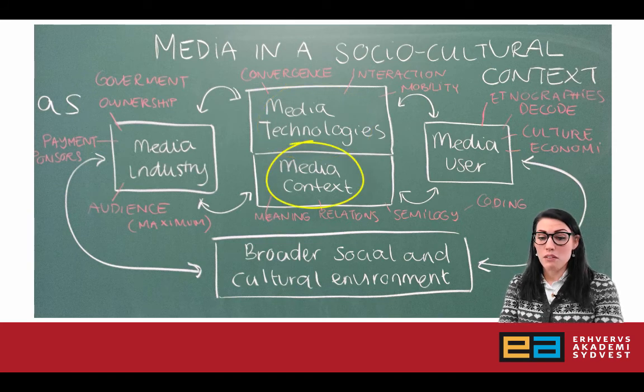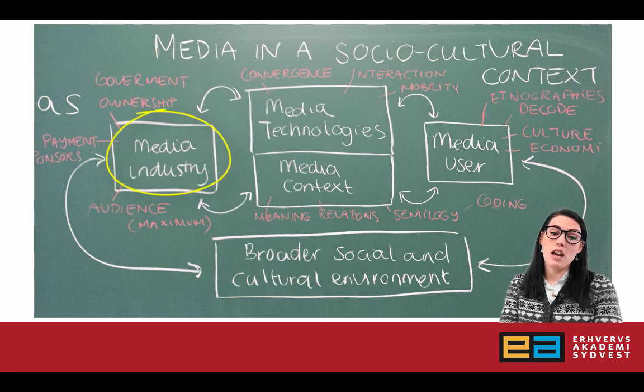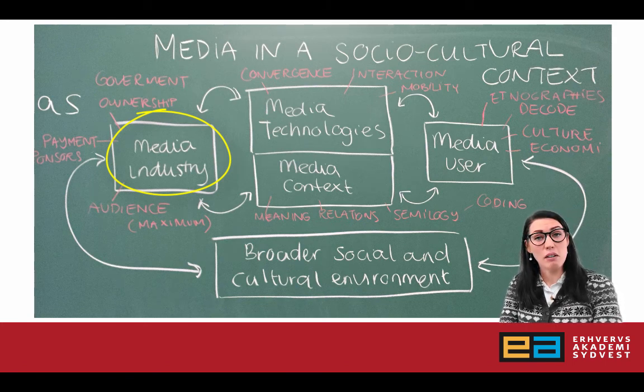Underneath this one, we have the media context, and that can be the meaning, the relations, the semiology that can be the coding, the denotation, the connotation, and so on. On the left side, we have the media industry, and sometimes we have the government who wants to say something when we work with the media.